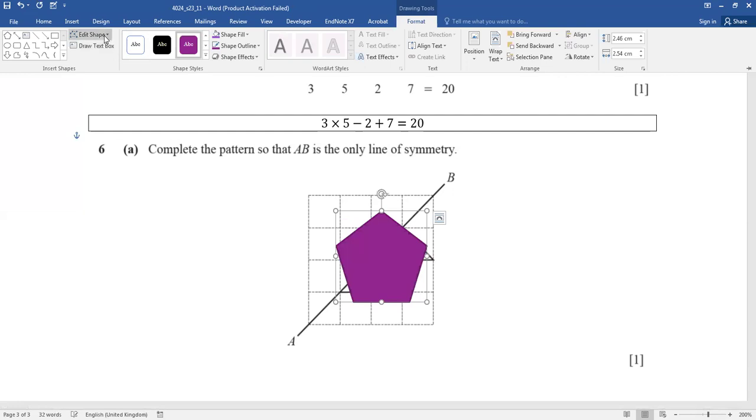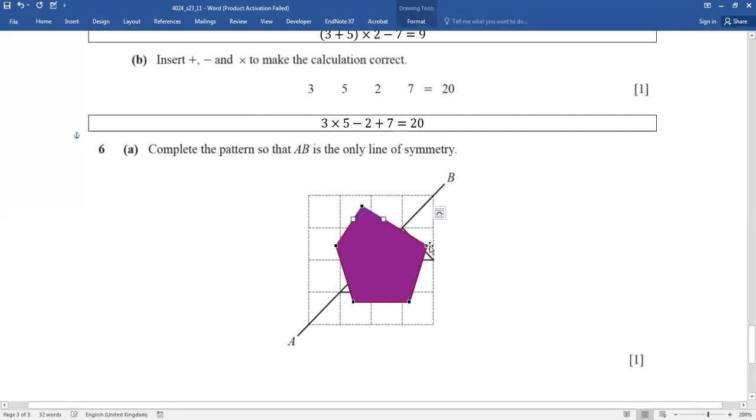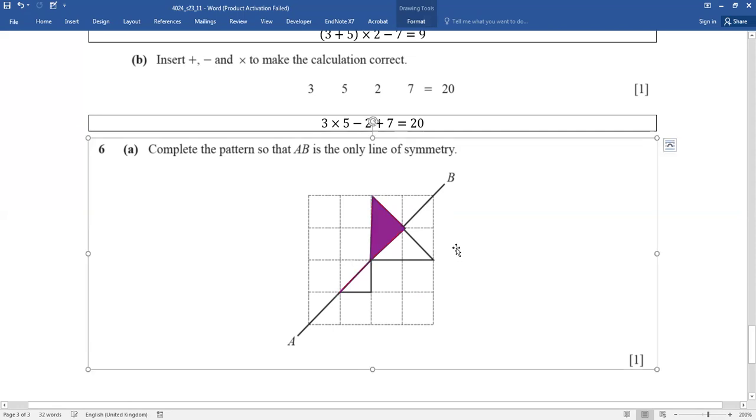Now let its points. This point should come right here. And then this one should be an image of this. That is one shape we have.